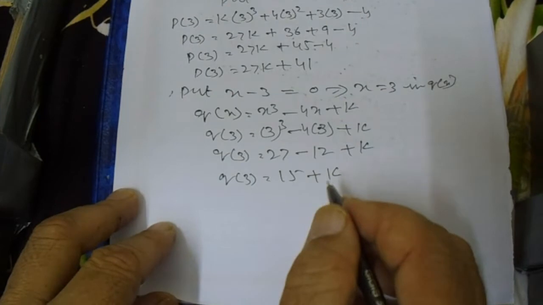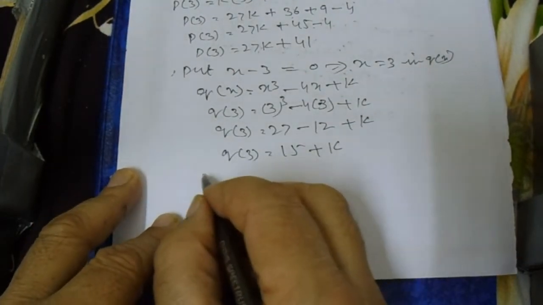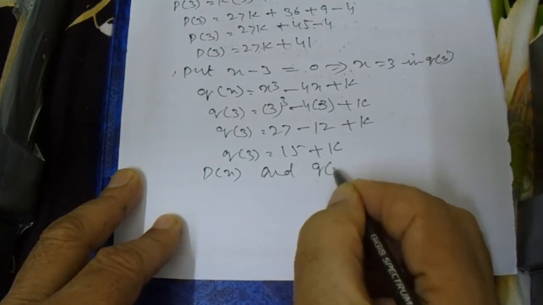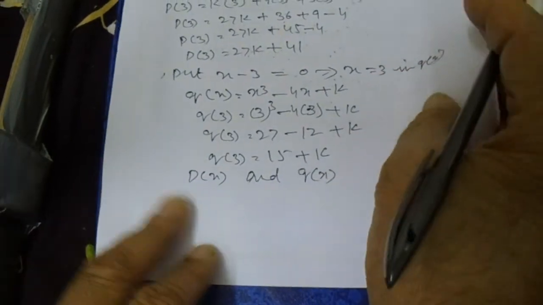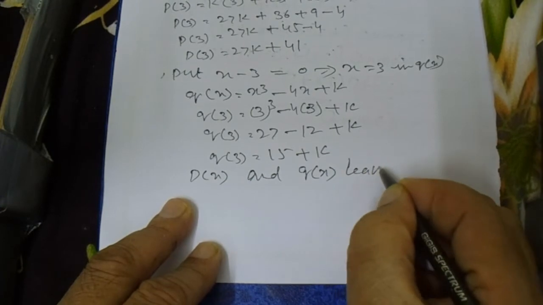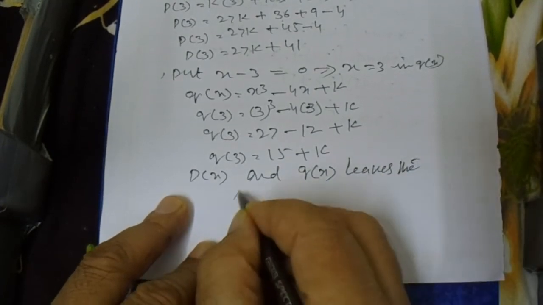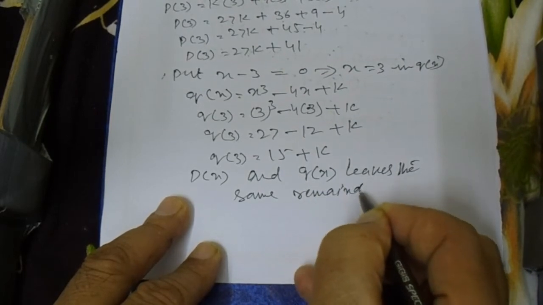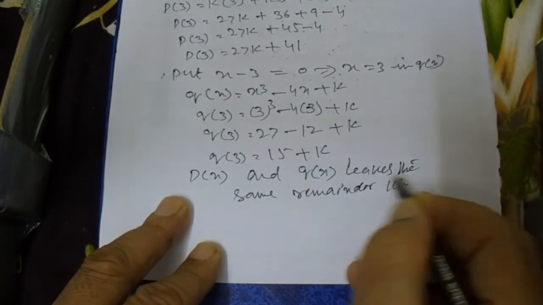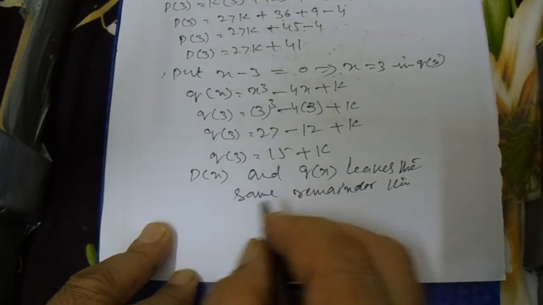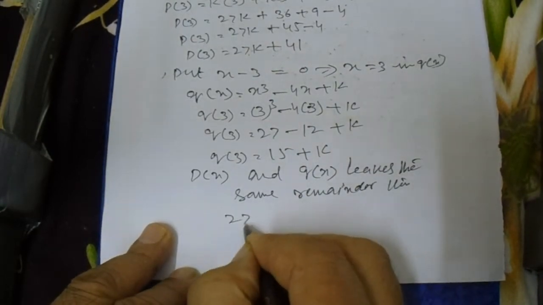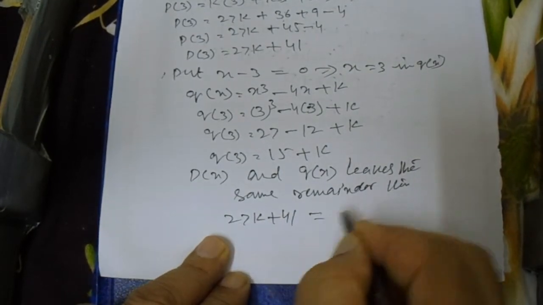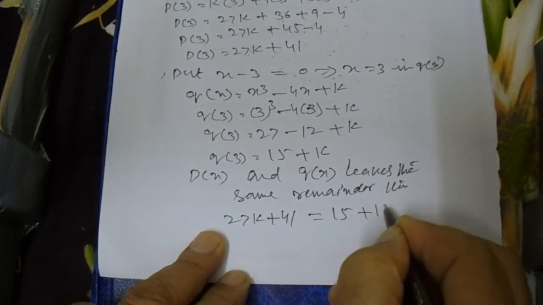Now P(x) and Q(x) leave the same remainder, then we write 27k + 41 = 15 + k.